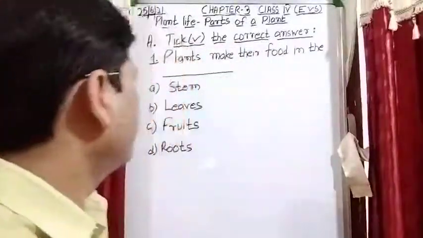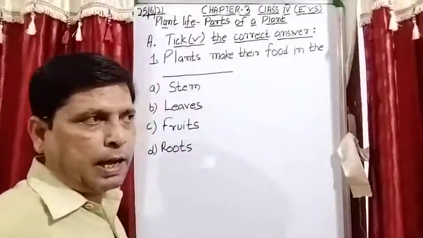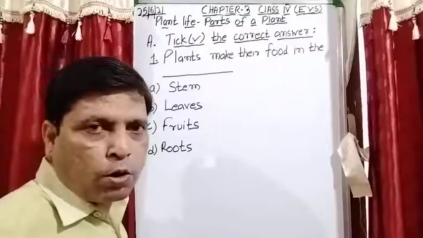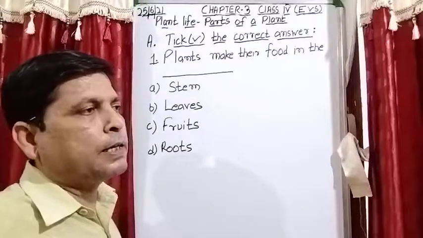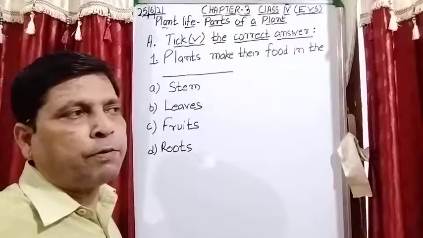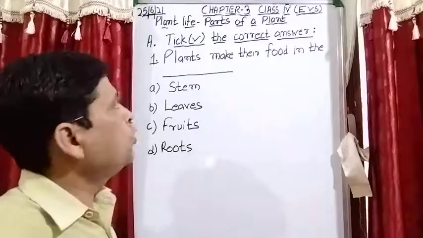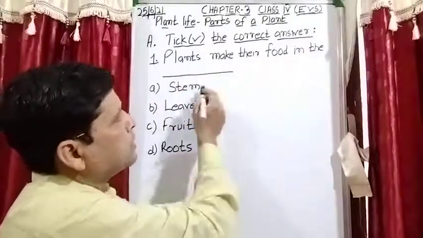Now see students, first question, plants make their food in the dash. In the beginning of the chapter I explained the different parts of the plant and the functions of these parts. So the question arises, do plants make their food in the stem?